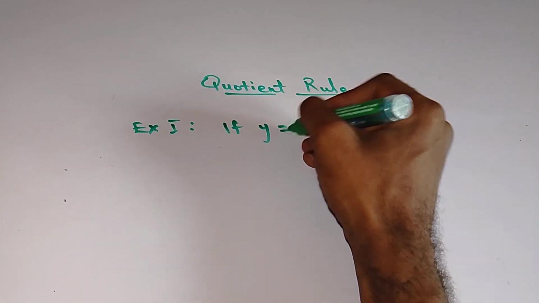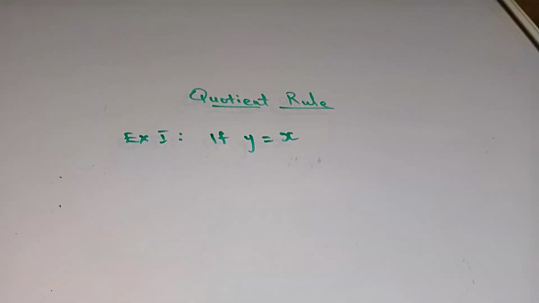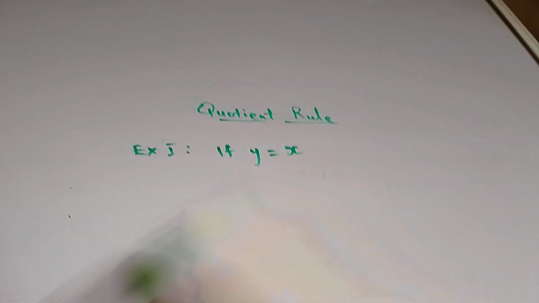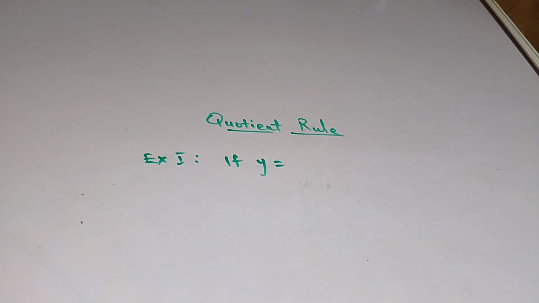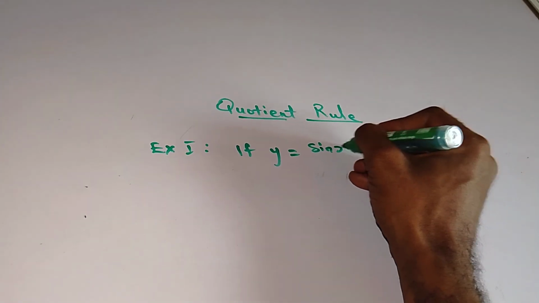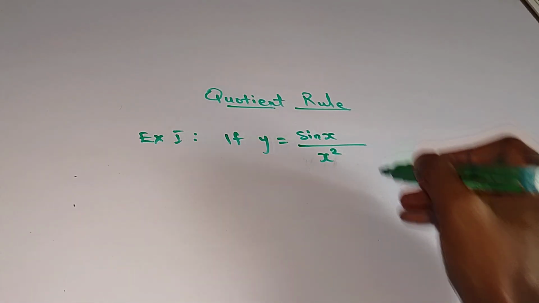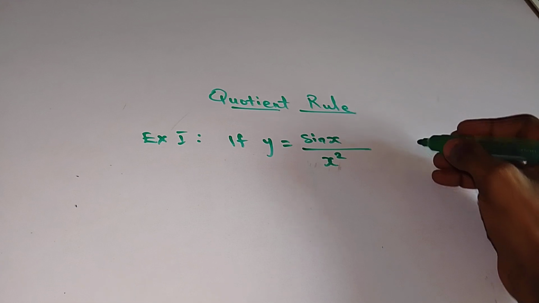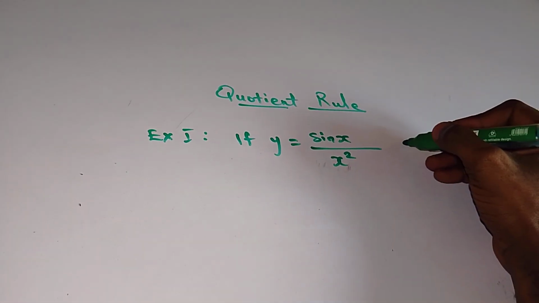If y is equal to sine x all over x square, then differentiate this with respect to x.